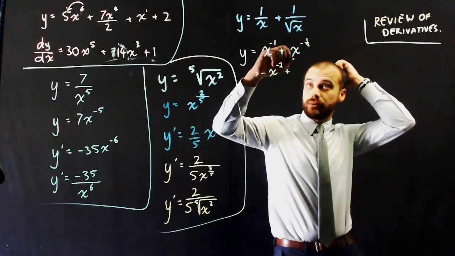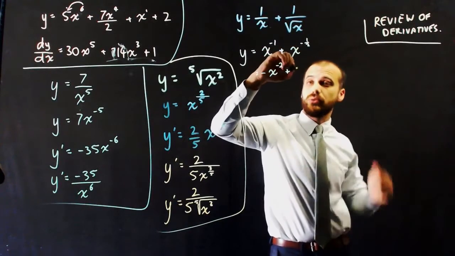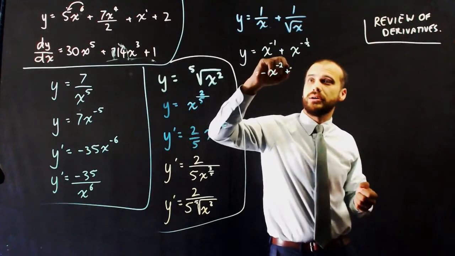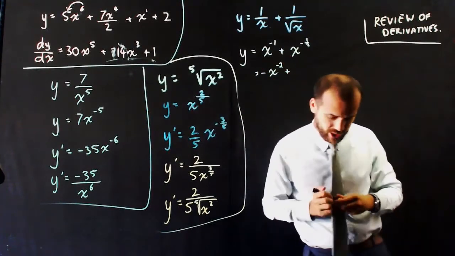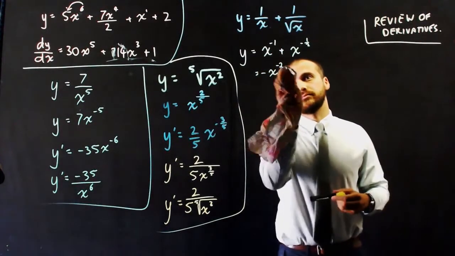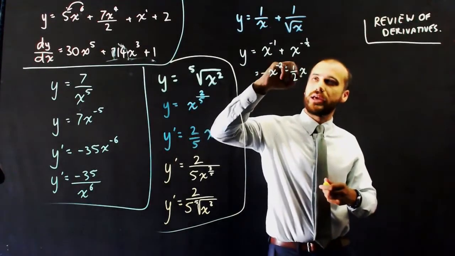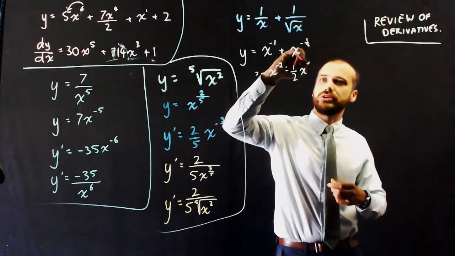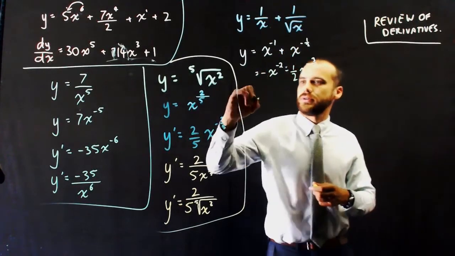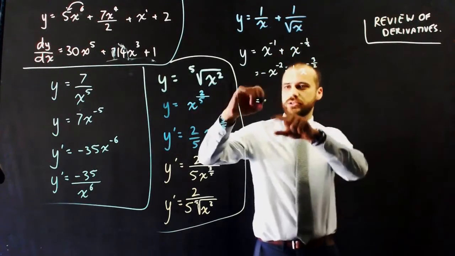plus, decreasing it by 1, plus negative a half, which is minus a half, minus 1/2 x to the negative 3 on 2. Negative power, so that's got to move to the bottom.